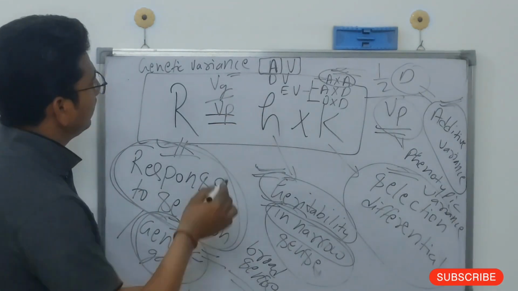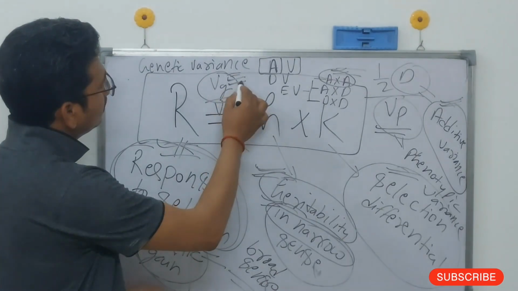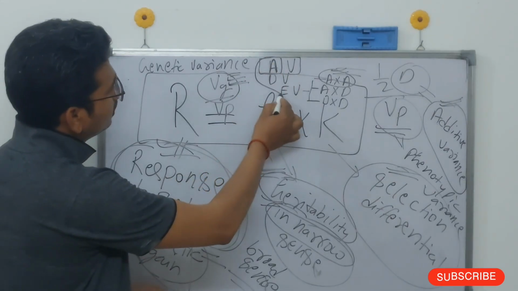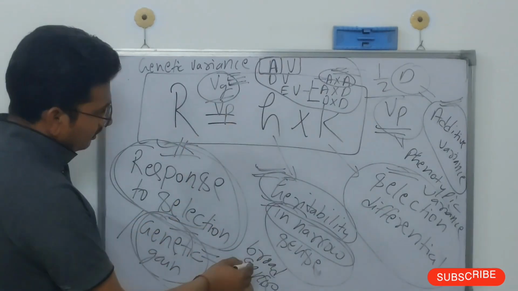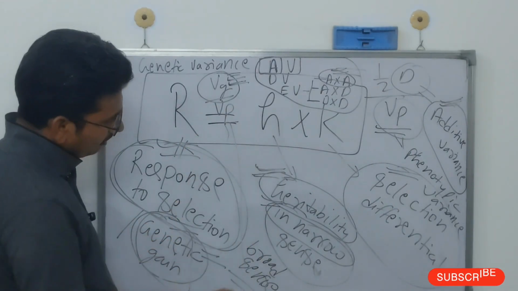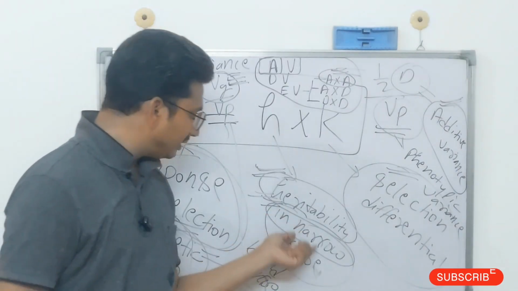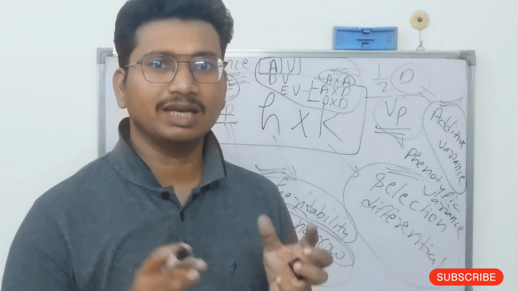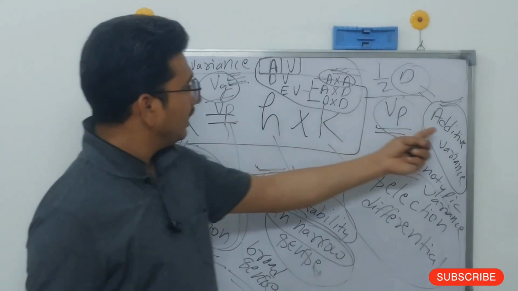Here we can see that we are using the genotypic variance, which includes all the three types of variance. So heritability in broad sense will always be greater than heritability in narrow sense, and heritability in narrow sense will always provide a reliable result because it is due to additive variance.